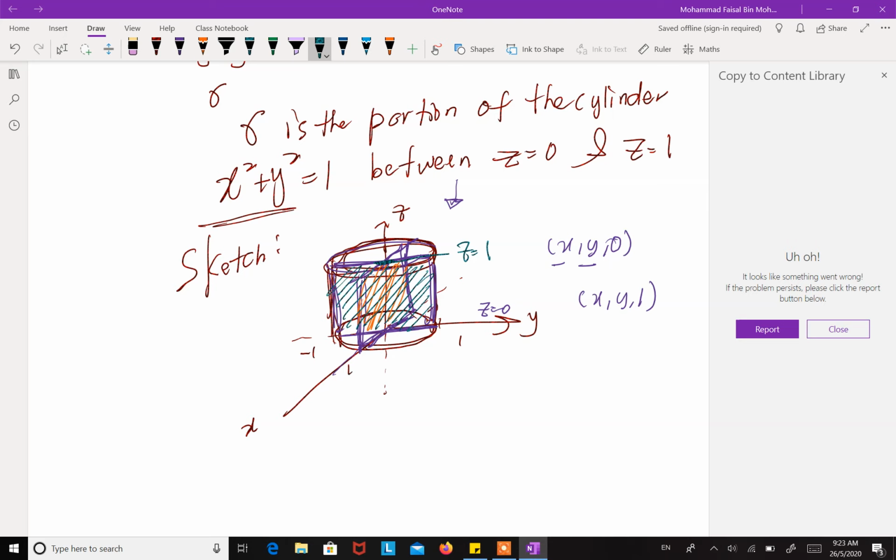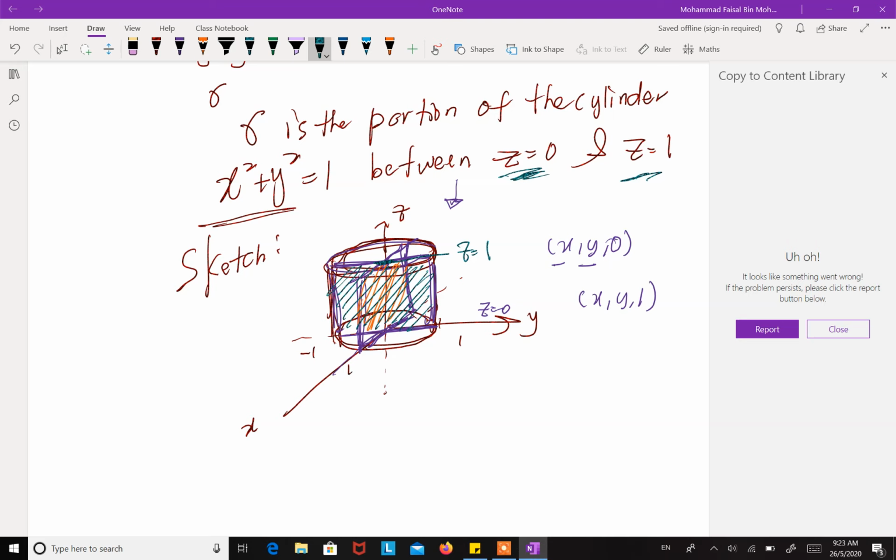We cannot see the surface area in the xy plane. Try to imagine that this cylinder is hollow. We want the surface, so the surface should be the outside, and the surface must also be between z 0 and 1.